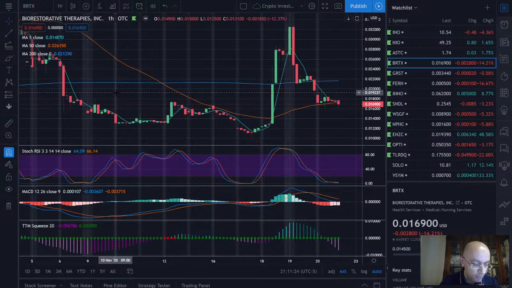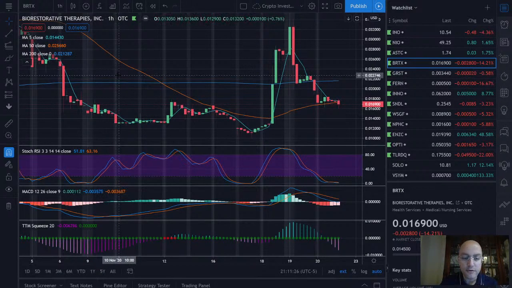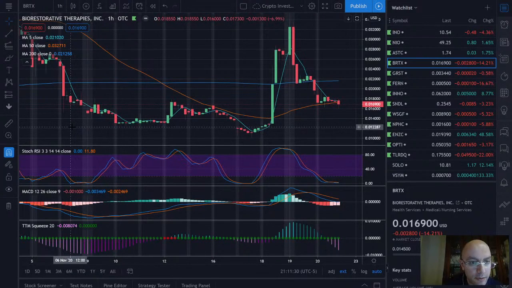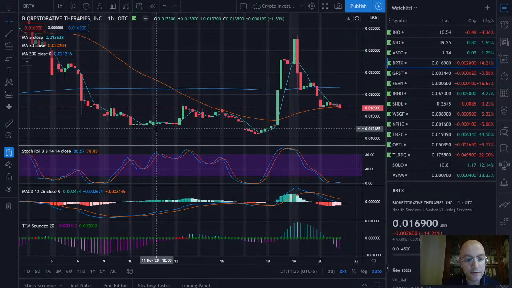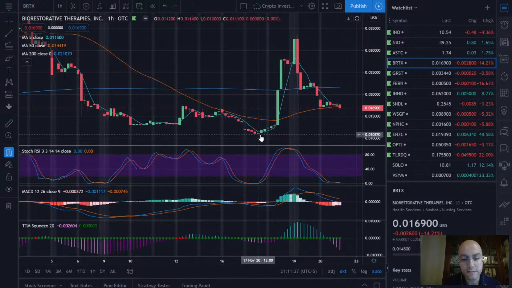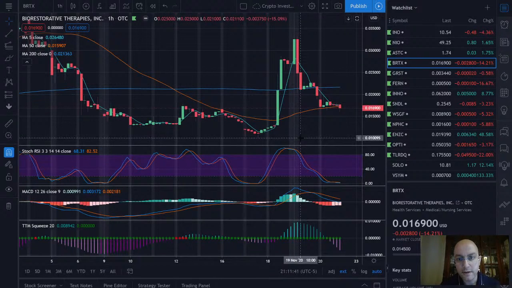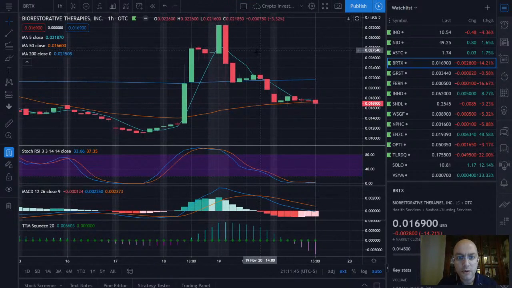We have an example in BRTX, November 19 at 10 a.m., right here, exactly. So notice this candle. It's a complete body. There's no upper wick and no bottom wick.